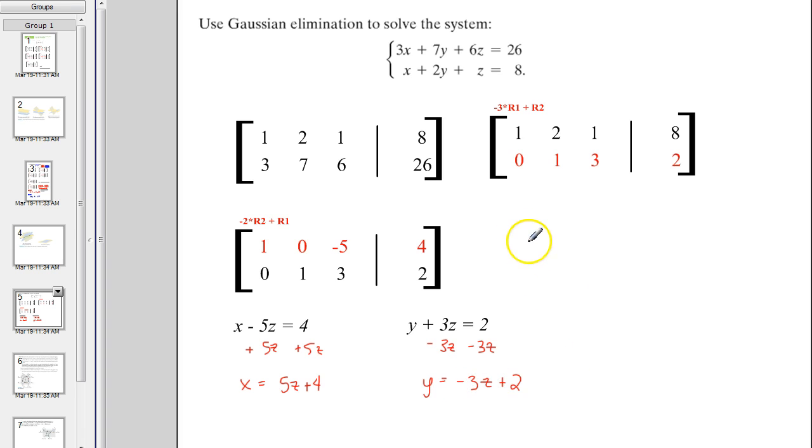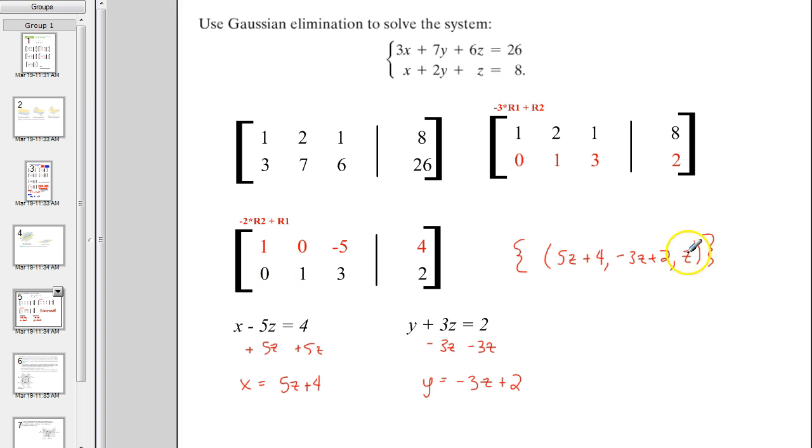Then our solution is going to have the look of (x, y, z), where x is 5z plus 4, y is -3z plus 2, and z is just z. Again, we didn't have that third equation, so it's a dependent system, so z gets to just be anything it wants to be.